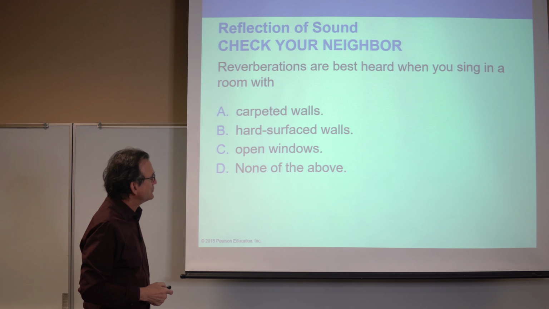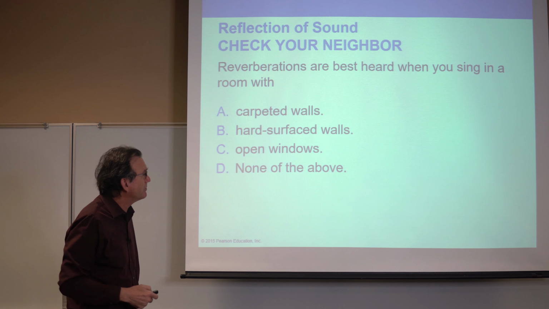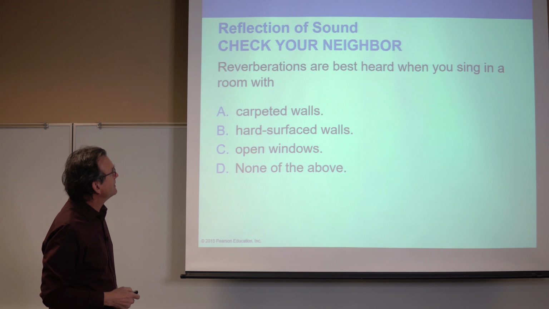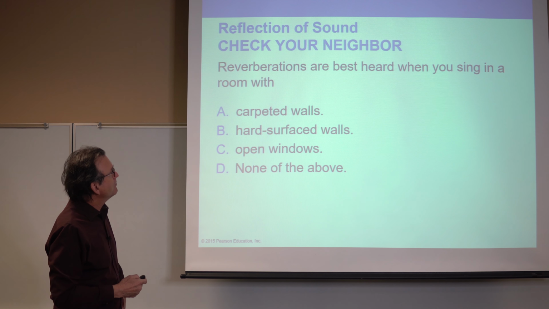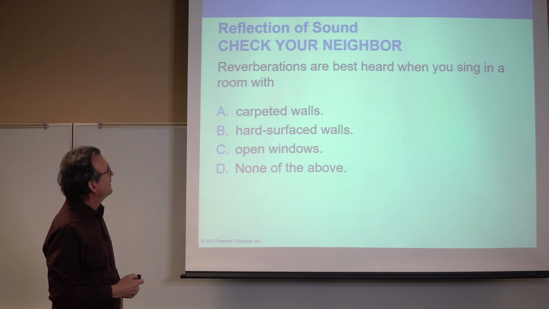Reverberation. We're switching gears a little bit, perhaps a little out of order. This goes back to the reflection of sound, and the question is, when are the reverberations most easily heard when you sing in a room?